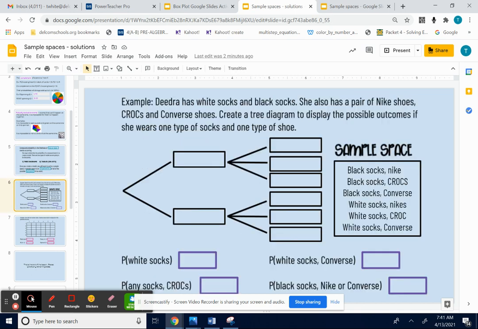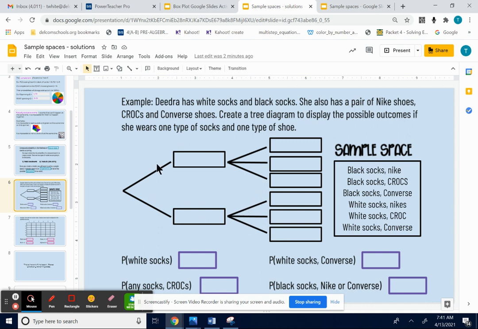Deidre has white socks and black socks. She also has a pair of Nike shoes, Crocs, and Converse shoes. Create a tree diagram to display the possible outcomes if she wears one type of socks and one type of shoe. So we kind of think of a tree. We're going to branch off.